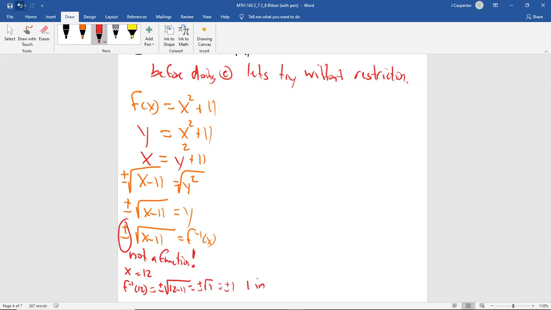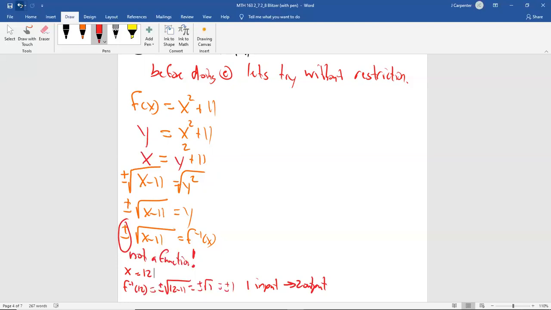That is one input leading to two outputs, which is the literal definition of not being a function. If you repeat an input, you should get the same output. You can't have one input leading to multiple answers. In the real world, we call that insanity. In math, we call it not being a function.